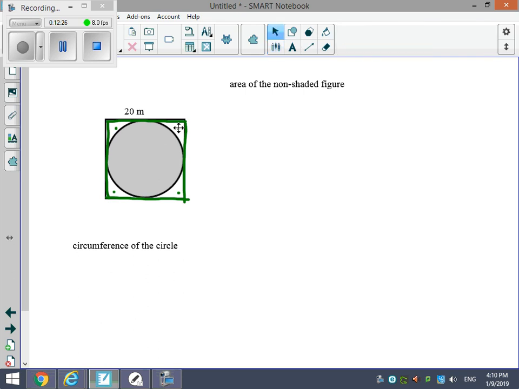If we think that through, you see that the circle is touching all of the outside of this square, which means it's consistent all the way around. So the length at the top, this 20, is the same as that, is the same as that, is the same as that. So this is a square.